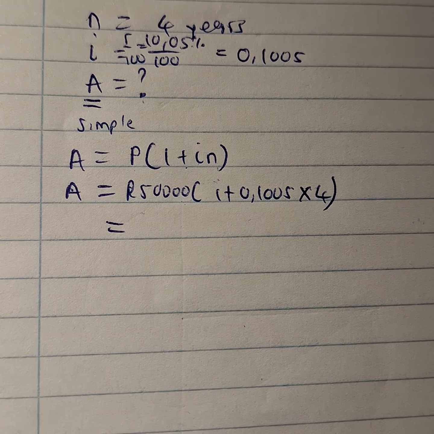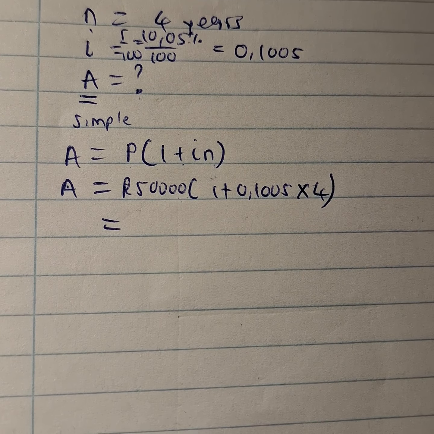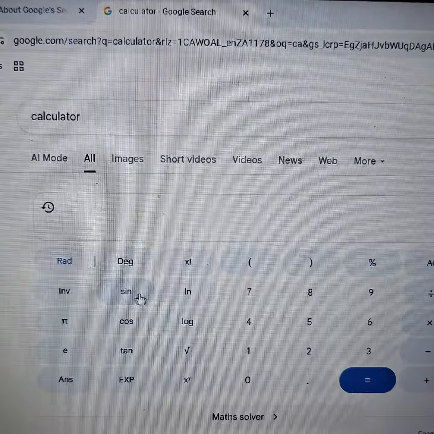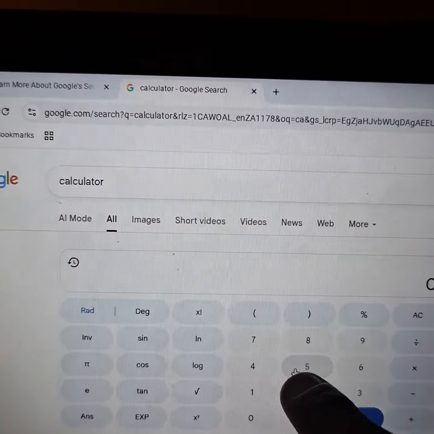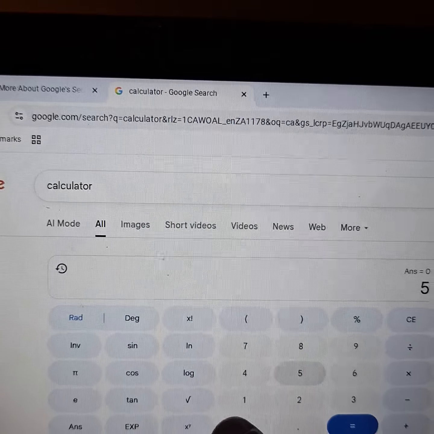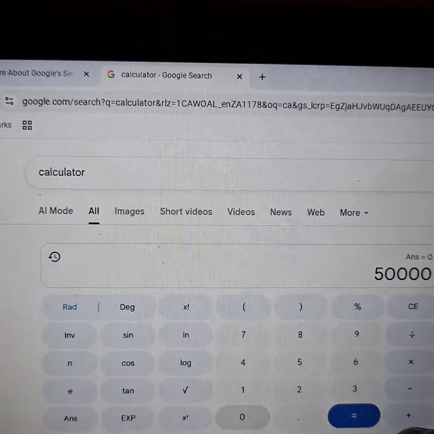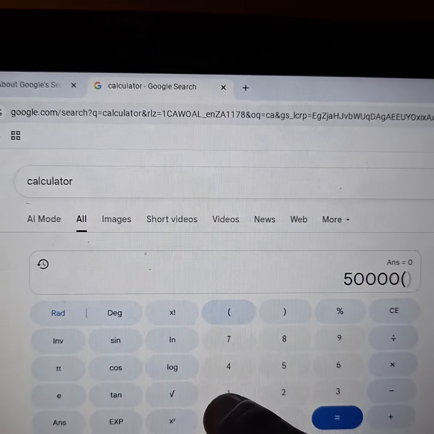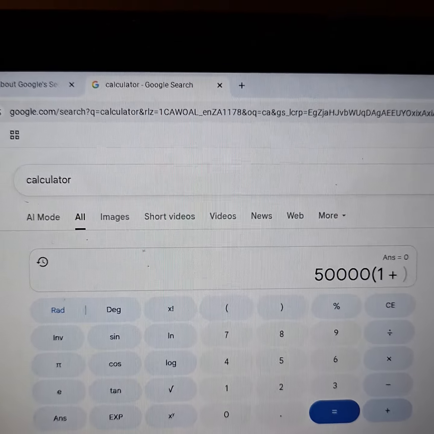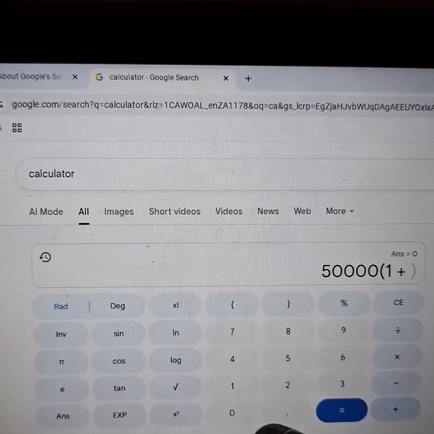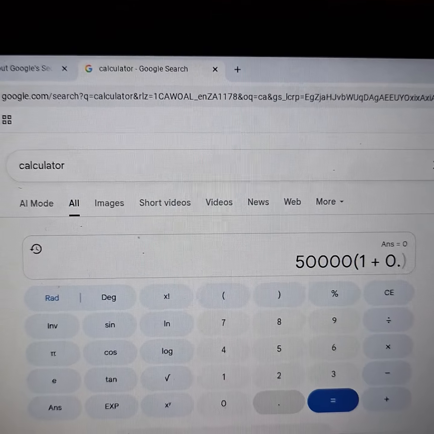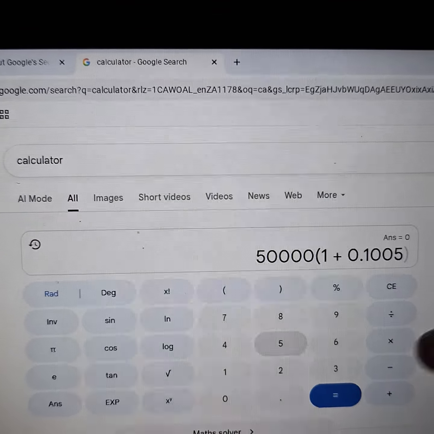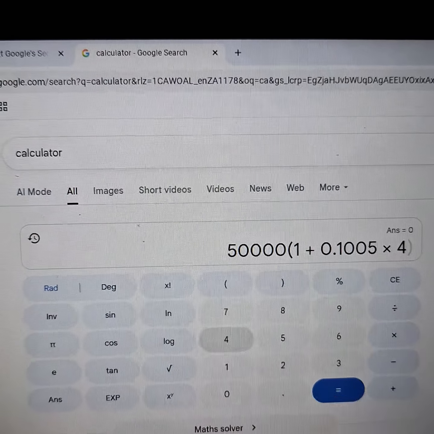Now what we want to do is check from the calculator what we get as an amount. I'm just going to use my calculator there on the screen. That means we're going to say 50,000, brackets, 1 plus 0.1005, and then we multiply that by 4.